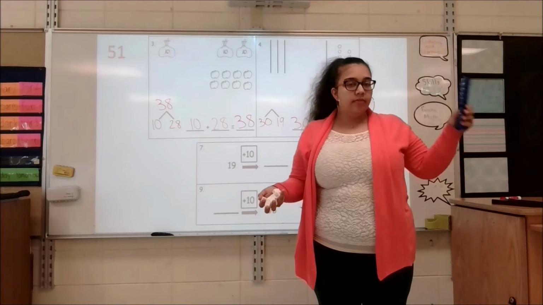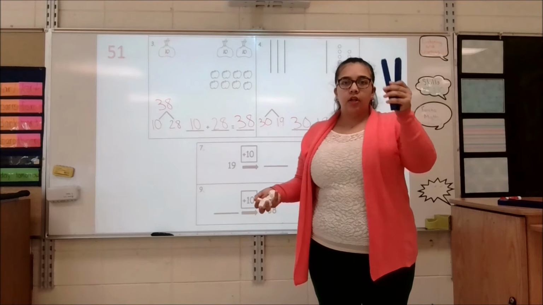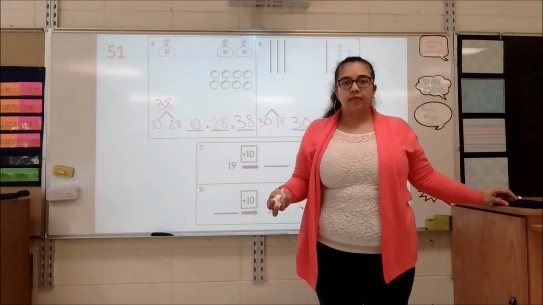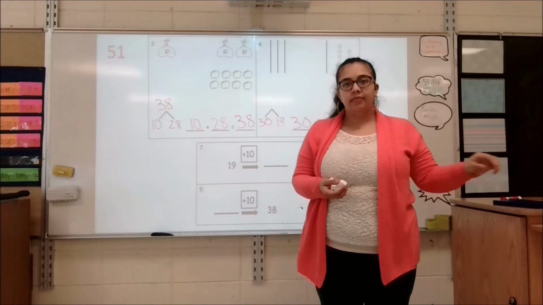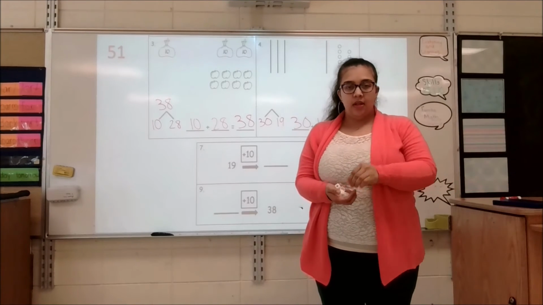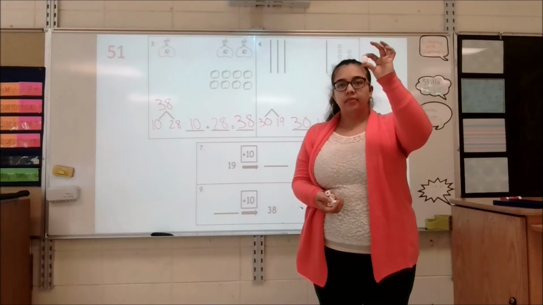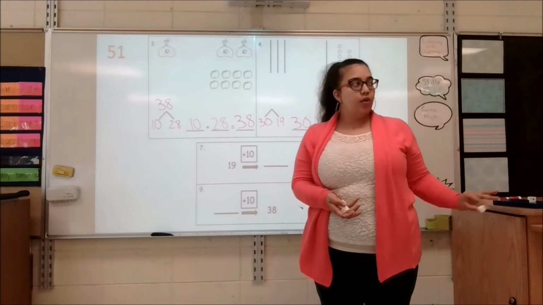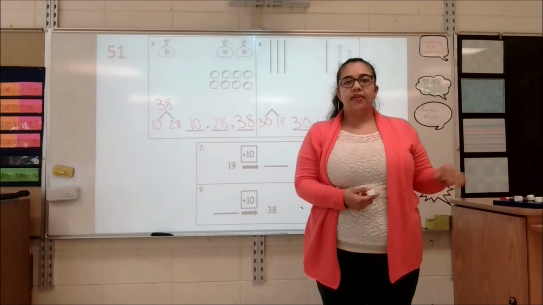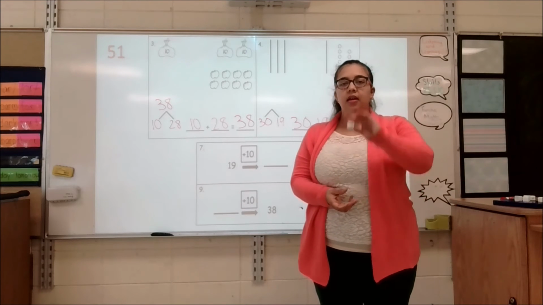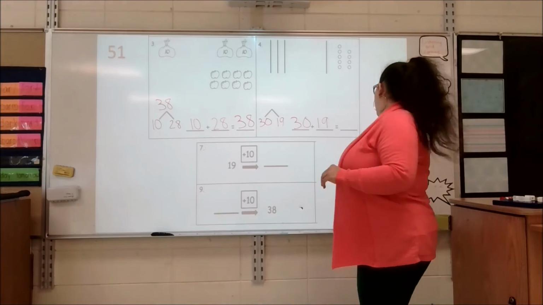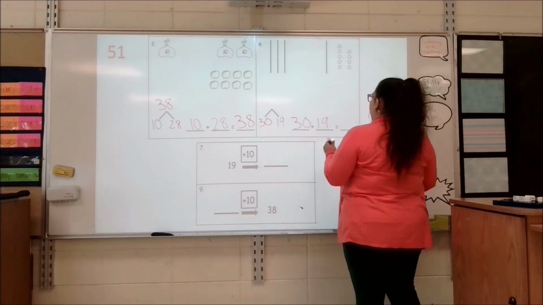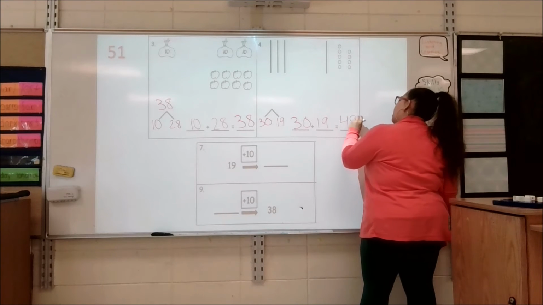Alright, so 10, 20, 30, 40, 41, 42, 43, 44, 45, 46, 47, 48, 49. Still 9 ones. I did nothing there. 30 and 19 is 49.